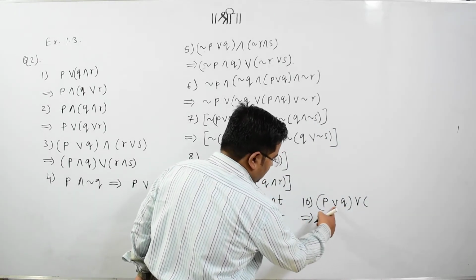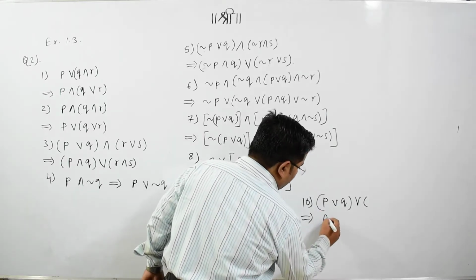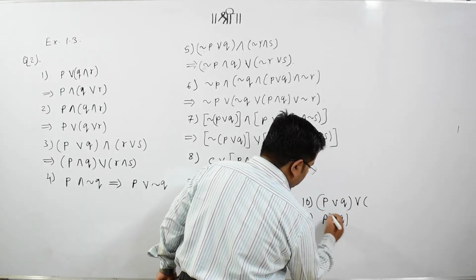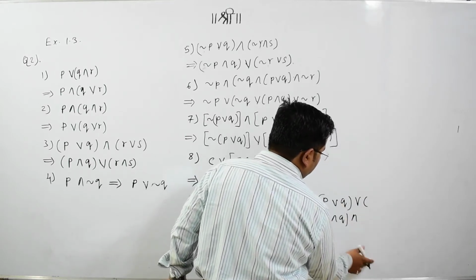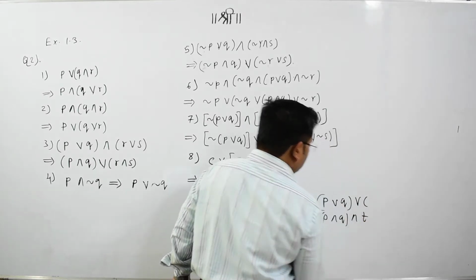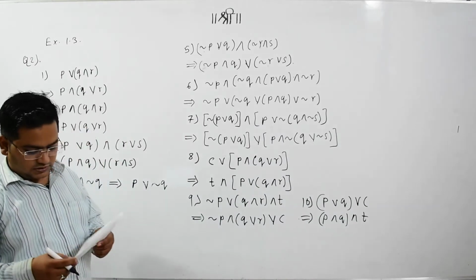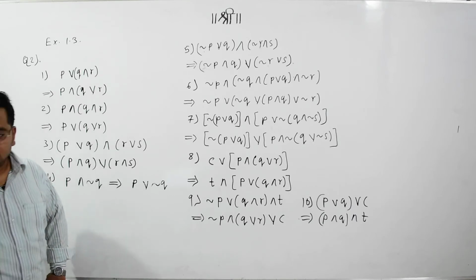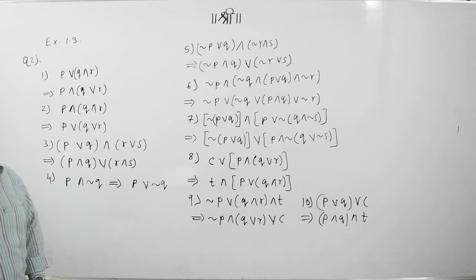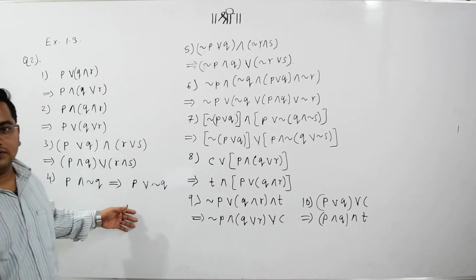This is or, so we need to change it to and, Q and C. So instead of C, what are we using? T. Don't forget it. C means contradiction, so we need to put that contradiction away and take this T, tautology, instead of that. Up to this, the dual process looks quite easy.